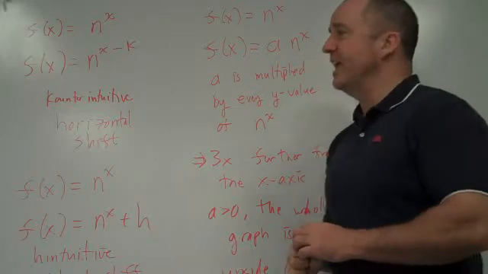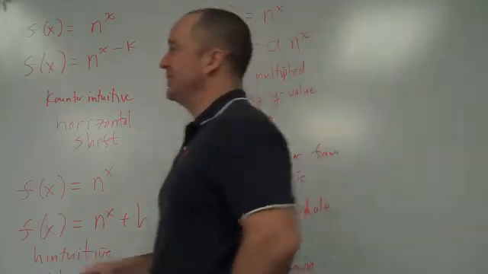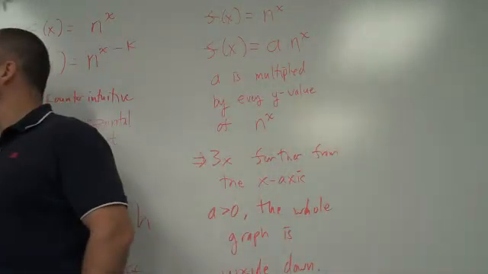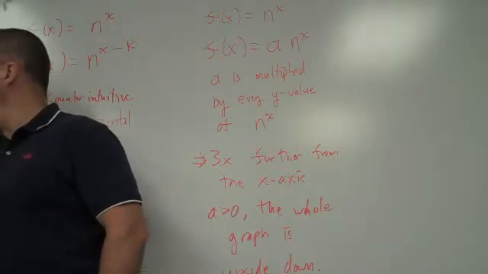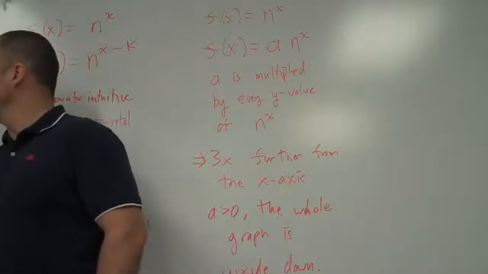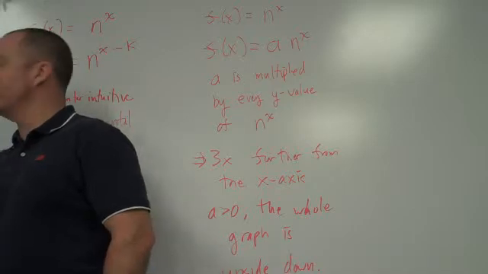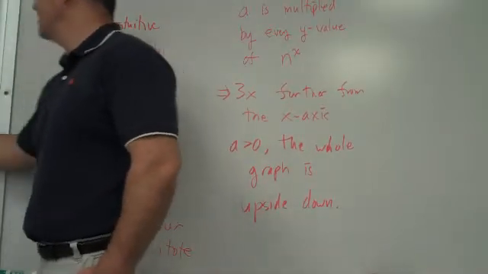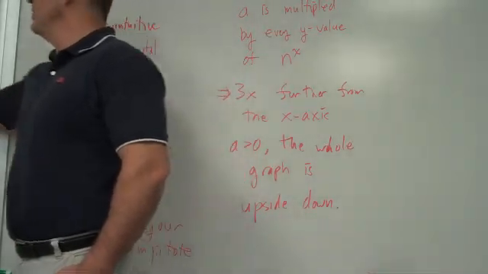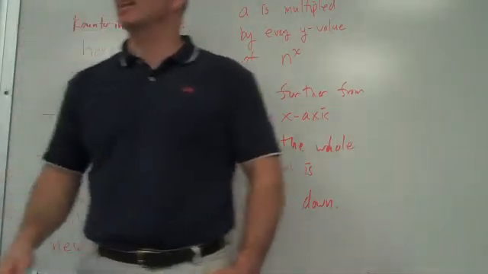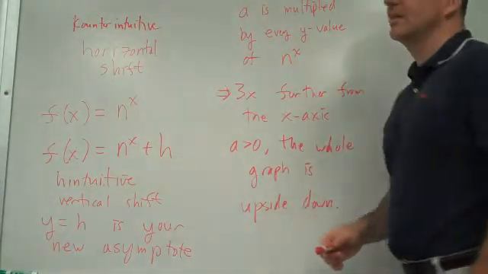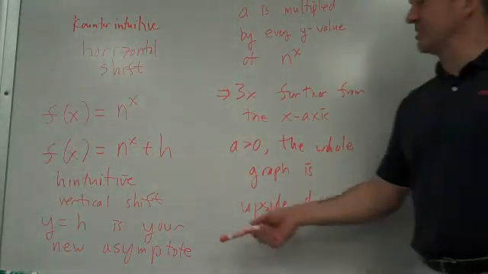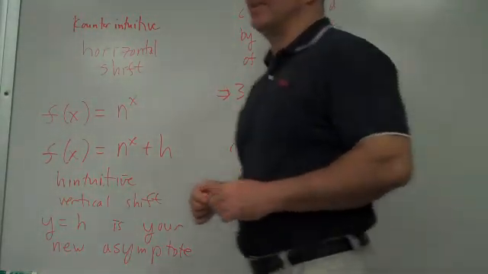This means if a is negative, then instead of going up here, this graph will go down. Instead of passing through 0, 1, it'll pass through 0, negative 1. And instead of coming down towards the x-axis as we move to the right, it'll go up towards the x-axis. It will be reflected, in other words, about the x-axis. But the x-axis will still be the asymptote, unless I start mixing and matching with an h in there.